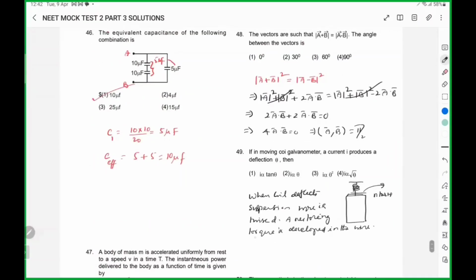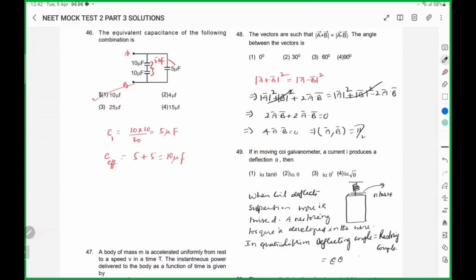So in the equilibrium stage, deflecting couple is equal to restoring couple. So here restoring couple is C theta.